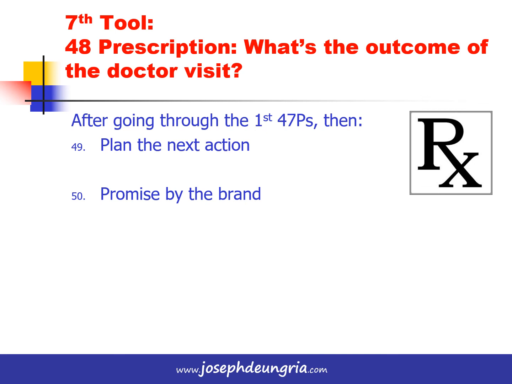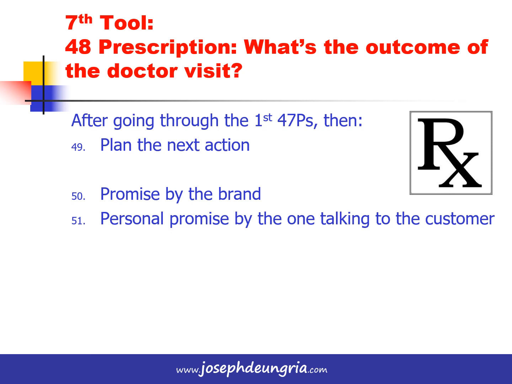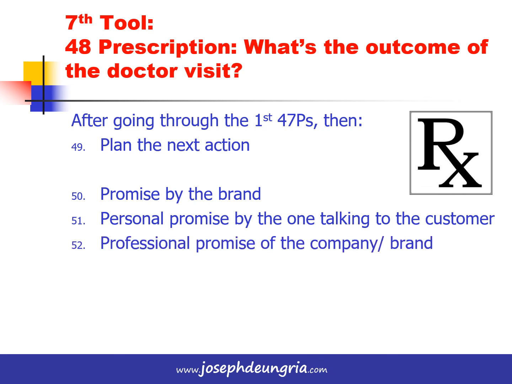If you do what we say you do, then this is what you will get. There's also the personal promise of the frontliner or the person actually talking to the customer. There's a promise by the brand, and there's a personal promise by the person in contact with the customer.